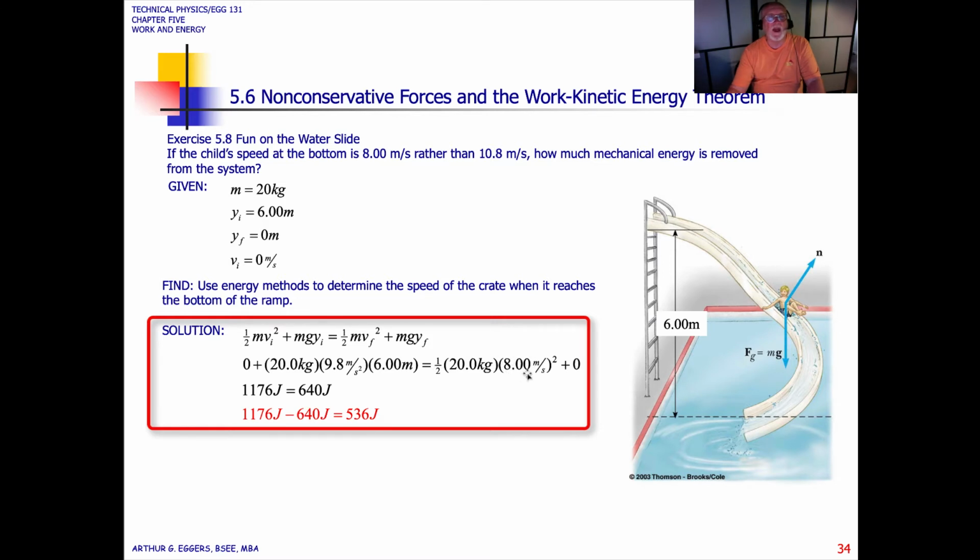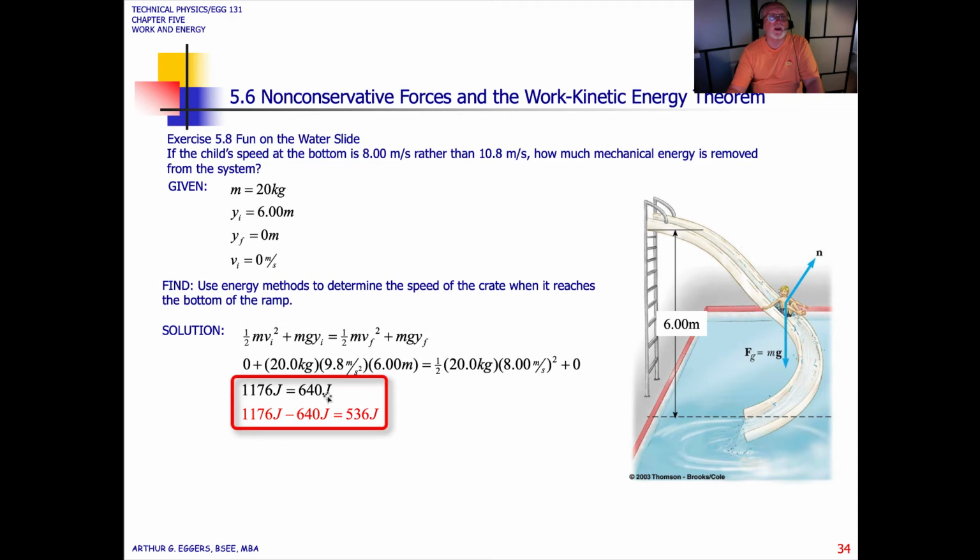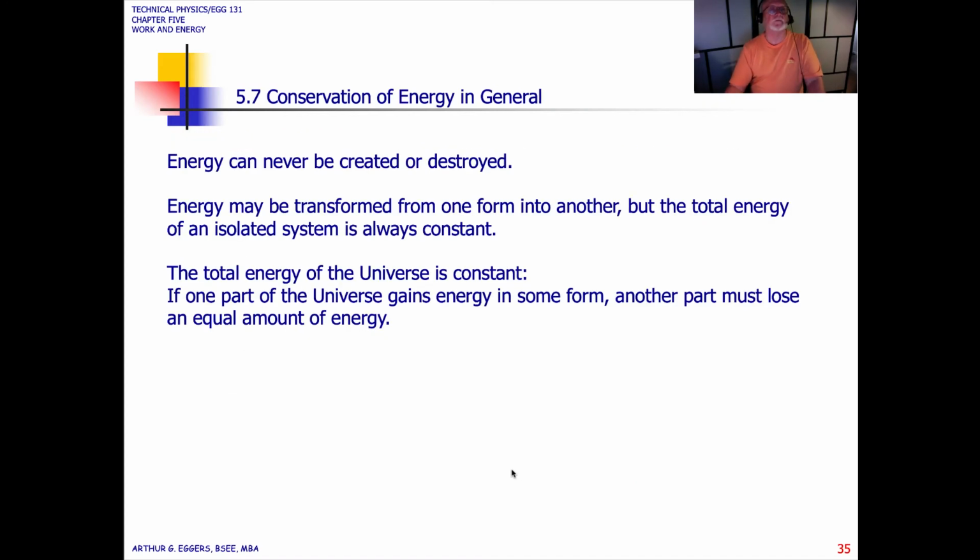So we don't have matching energies, okay? So now we have 640 joules. If we take the difference in those two values, 1176 and 640, we get 536 joules. That would be lost, say, to friction or some sort of resistance.